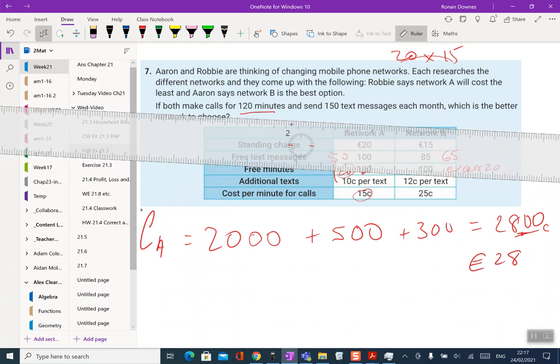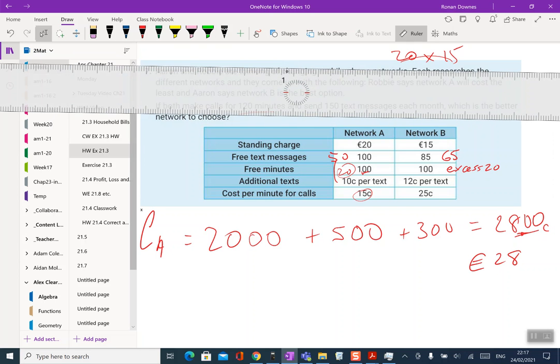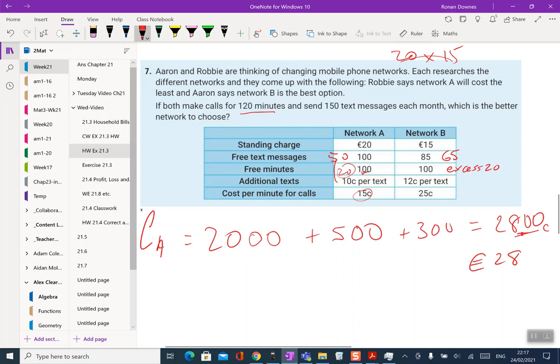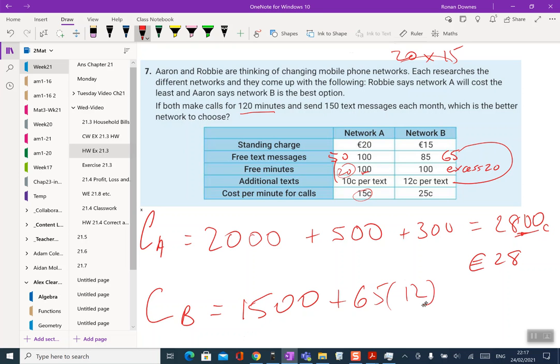Now for the second, I'll get rid of the ruler, it's in my way. I'll get rid of it altogether. Can I? By clicking it. Okay, the cost for network B equals 1,500 cents, plus we have 65 excess on 12, plus we have 20 excess on 25.